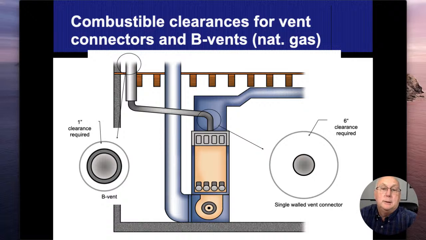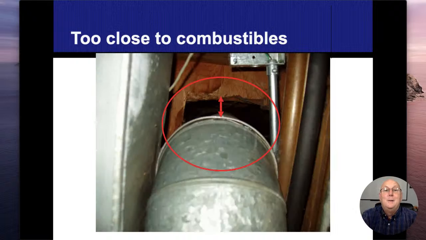We talked about clearances before. So natural gas, clearance on a single wall pipe or the vent connector, 6 inches. Clearances for B vents on natural gas is going to be 1 inch. Now at the bottom, down here, this whole pipe throughout here, this is my vent connector.